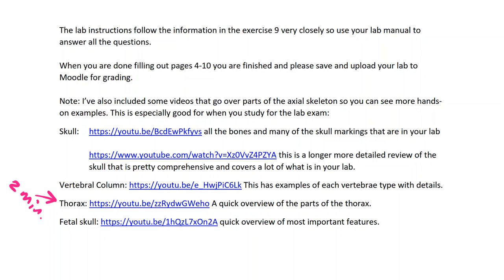And then the fetal skull video, again, just kind of goes over the basic architecture. But anyways, these are all very, very useful. So watch these, and I'll talk about them a little bit as we go.